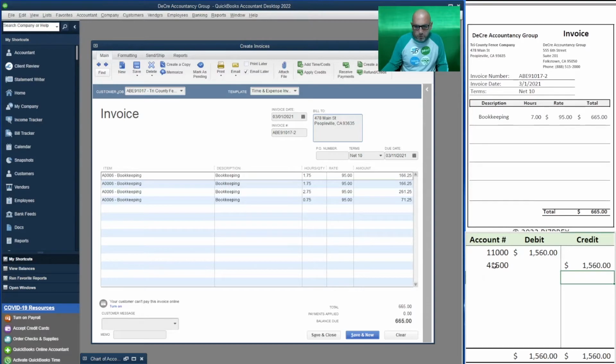All of it is bookkeeping. Our bookkeeping service is 41,200. And so we can do that.